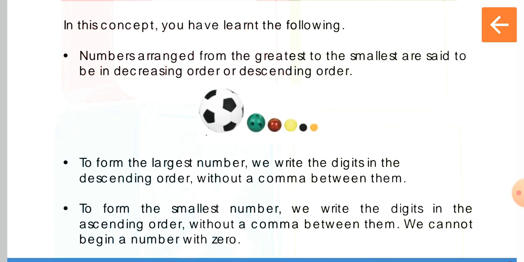If one of the given digits is 0, then you have to think we cannot start the number with 0. So you arrange the digits in ascending order and then replace the first and second digits. That is, 0 you always put in the second position, and the second position digit you can move to the first position. Got it, children? This is about forming numbers.